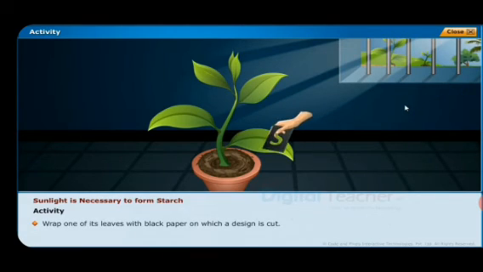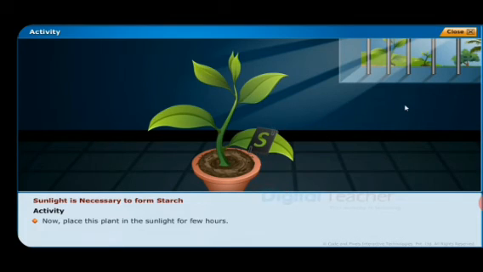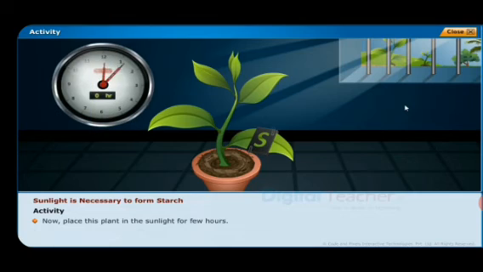Wrap one of its leaves with black paper on which a design is cut. Fix the black paper on the leaf with the help of clips such that light does not enter the dark part. Now, place this plant in the sunlight for a few hours.